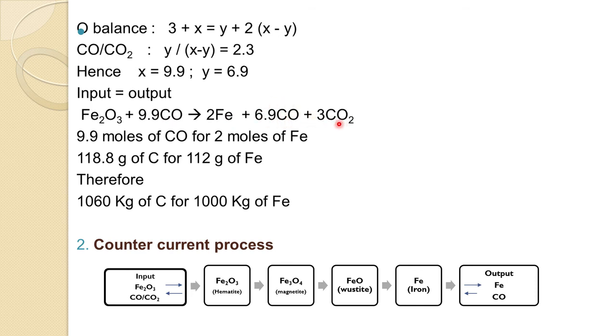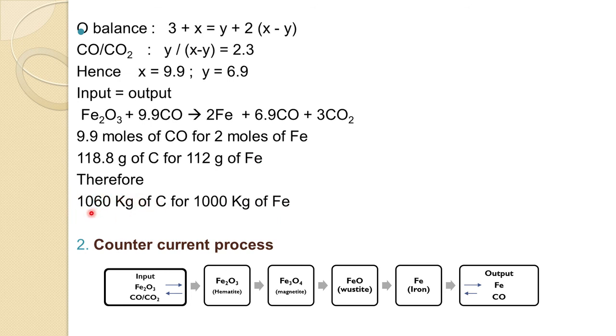moles of CO2. So, 9.9 moles of CO for 2 moles of iron, which means almost 118.8 gram of carbon for 112 gram of iron. So, which is about 1060 kg of carbon for 1000 kg of iron. So, you need this much, not actually this much coke.